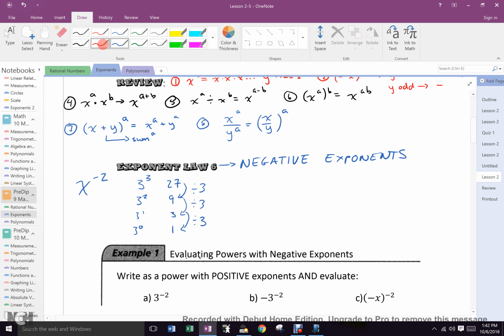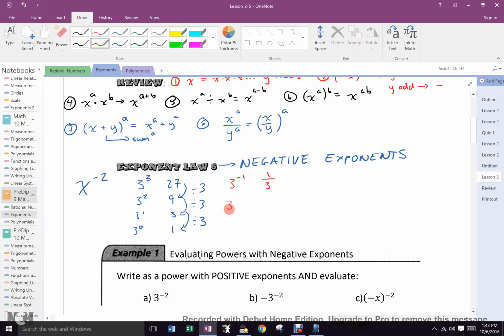Well, you guys are smart kids. What's the next logical exponent? Jack. 3 to the negative 1. What am I doing every time? So this would be 1 divided by what? 3. Picking up what I'm putting down? But isn't that a decimal? Of course it is. Everybody see that?